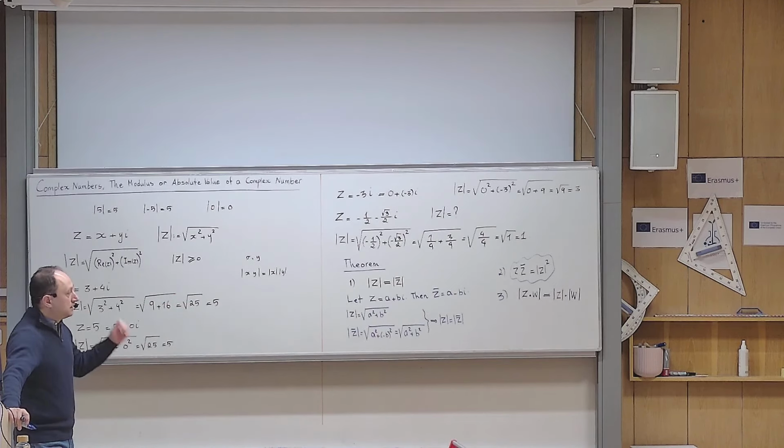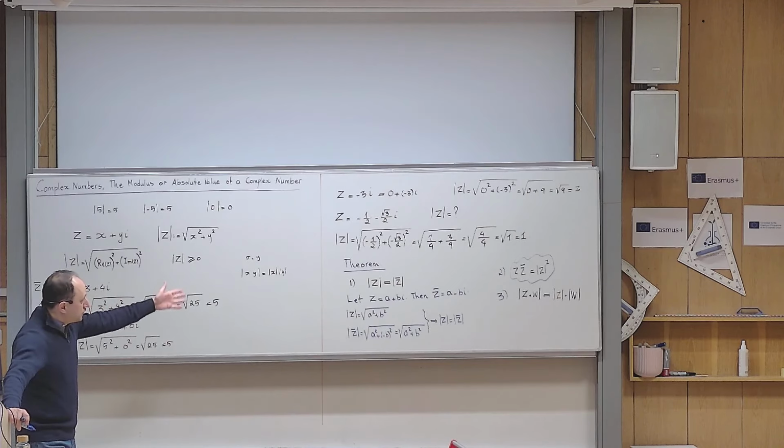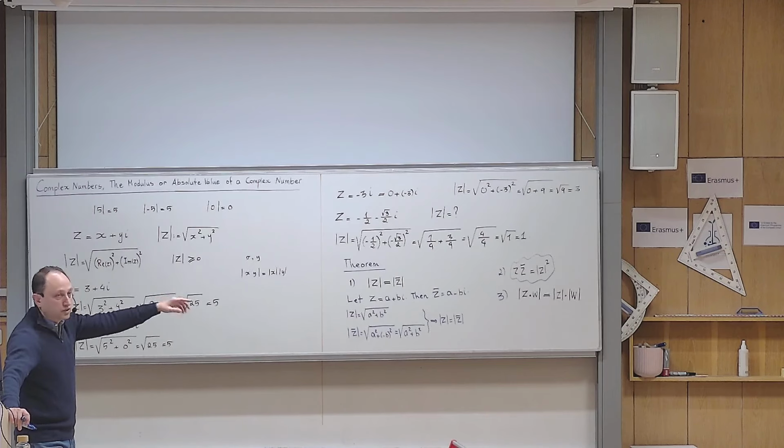And now, if I grant this is true for absolute value of real numbers, what should be your intuition there? That's true. It should be true because I want to keep consistency somehow. Might be it is true.